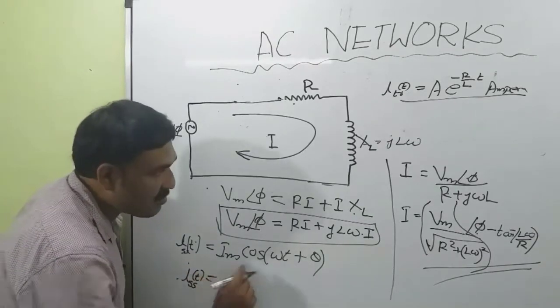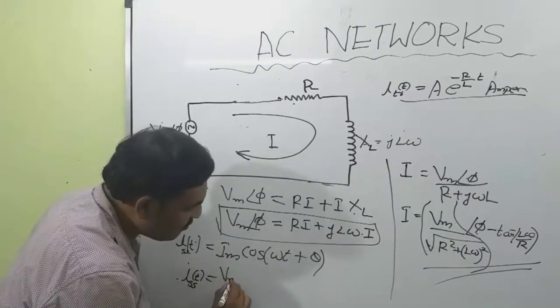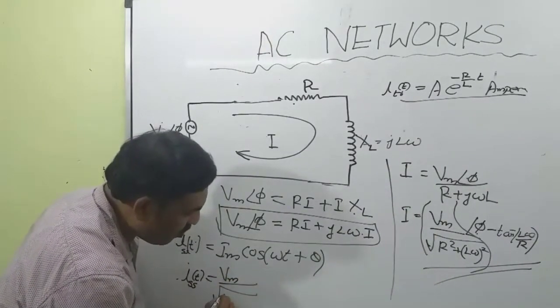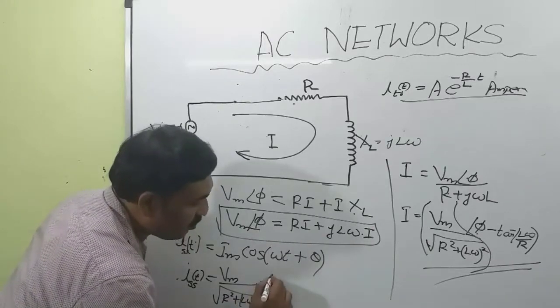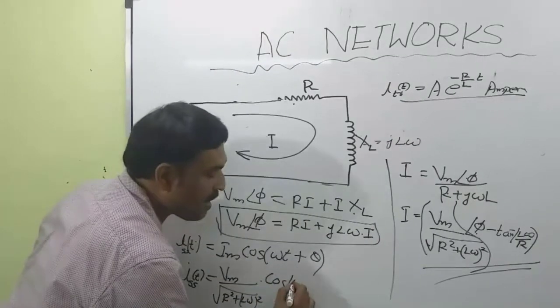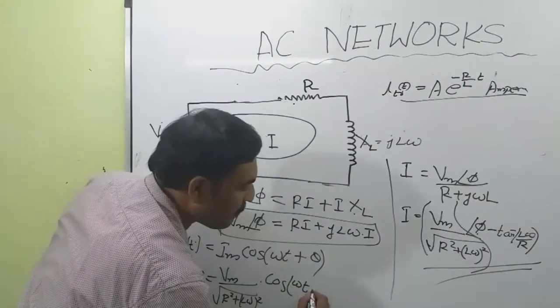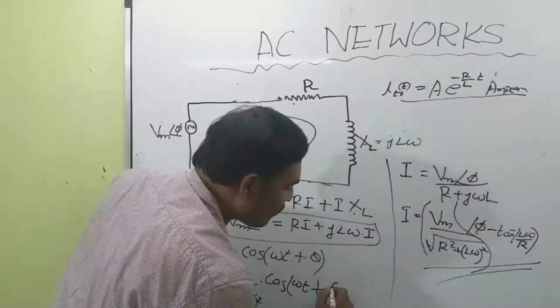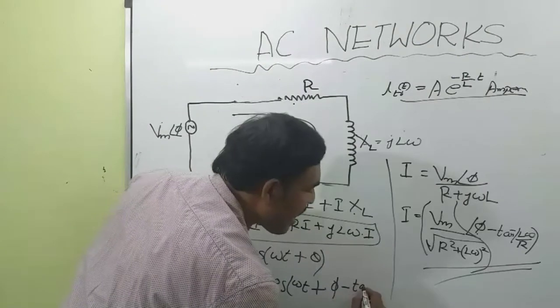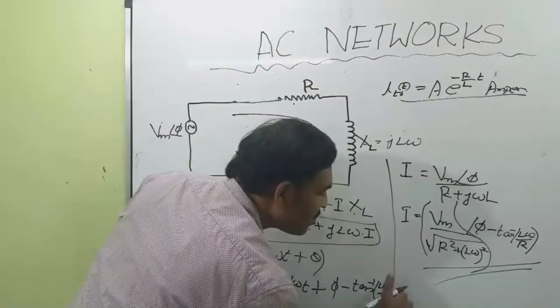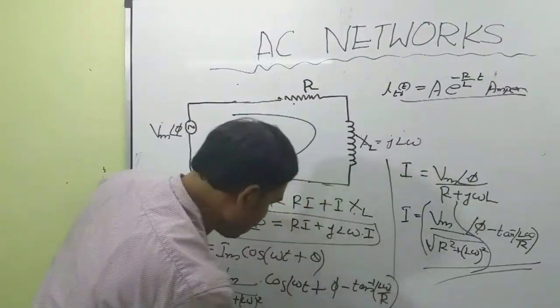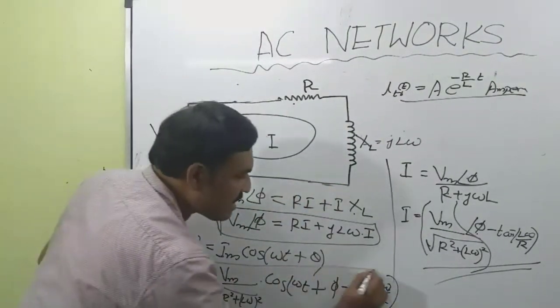So I steady state is equal to Vm divided by square root of R square plus (L omega) whole square, into cos(omega t plus phi minus tan inverse of L omega by R). This is the representation of the steady state current.